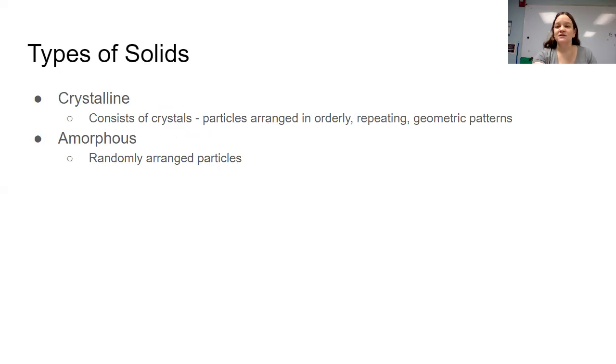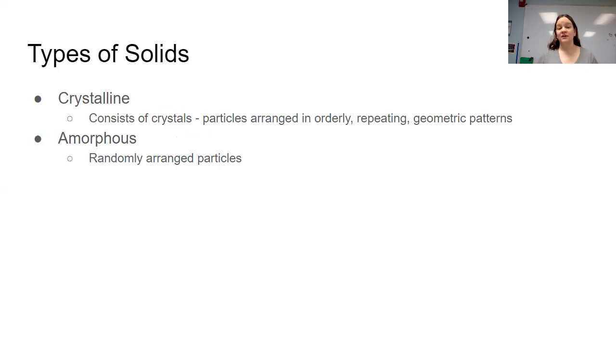We divide solids into 2 categories. They are either crystalline or amorphous. Crystalline solids have a crystal structure to them. They have this geometric pattern, and we'll look at that a little bit more in a second, but they form these shapes. Amorphous solids do not form said shapes.